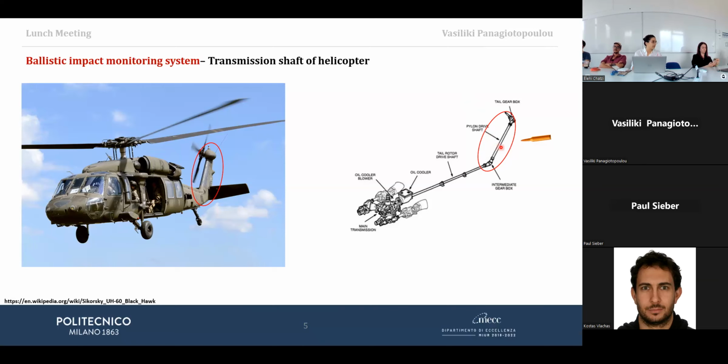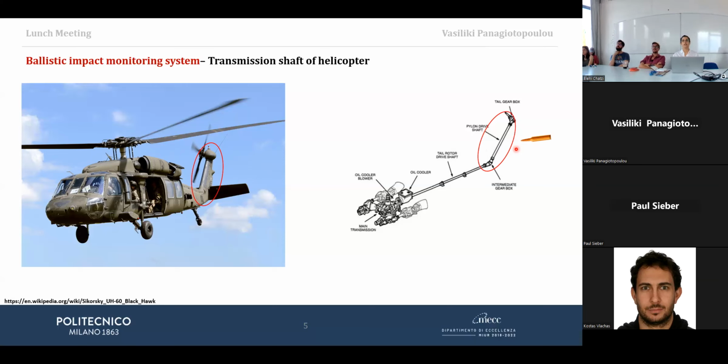Usually, every helicopter is equipped with a HUMS system, which stands for Health and Usage Monitoring System. This system is responsible for obtaining data and monitoring various mechanical parts.